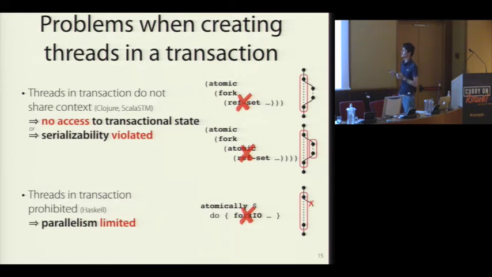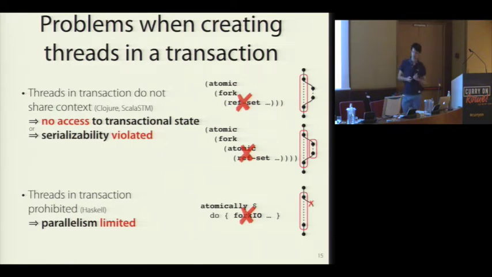If you try to solve this by wrapping this ref set in another transaction, this will create a separate transaction. However, this inner transaction is independent of the outer transaction. So the inner transaction can succeed while the outer transaction fails, and this violates the serializability of the transactions.